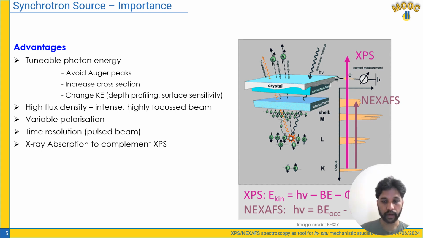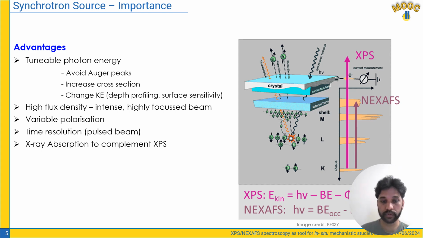And you have a high flux density, a very focused and bright beam, and it's tunable. It allows you to do geometry studies, and it also allows you to do time-resolved studies.